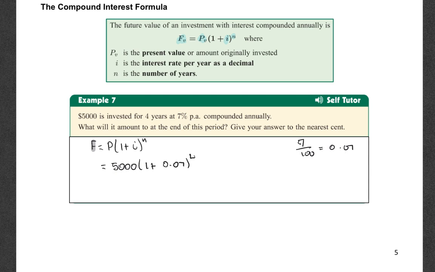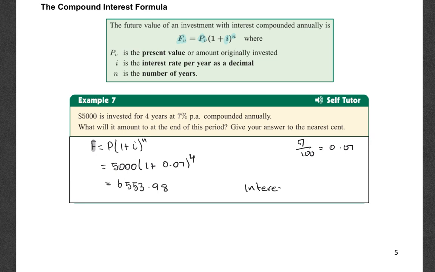And n is 4. And straight into your calculator, the future value of this amount of money will be $6,553.98.